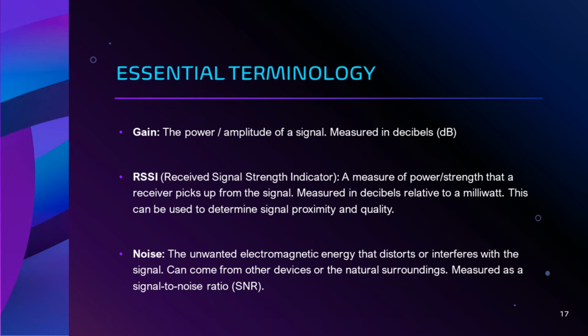Noise is the unwanted part. This is anything that's going to interfere. This can be caused by other devices, but it can also be caused by the surroundings. And this is normally measured as signal to noise ratio, and this is used a ton when it comes to radar.